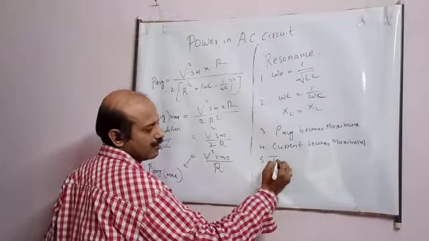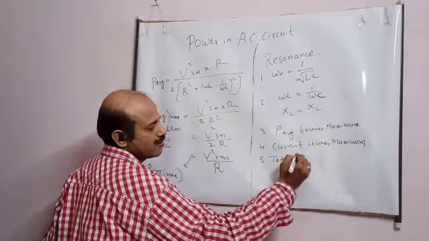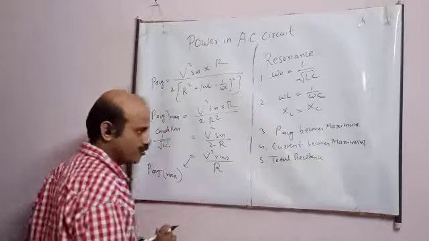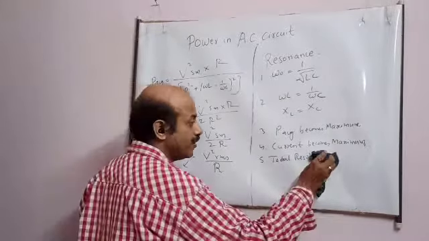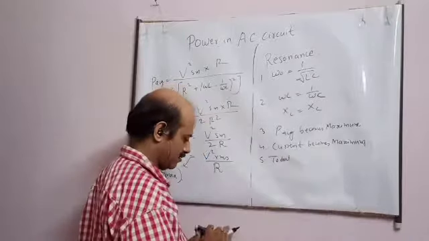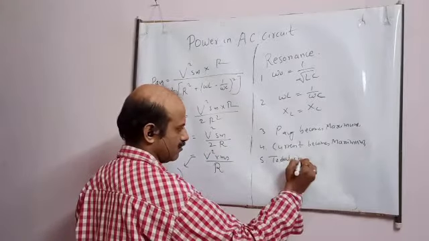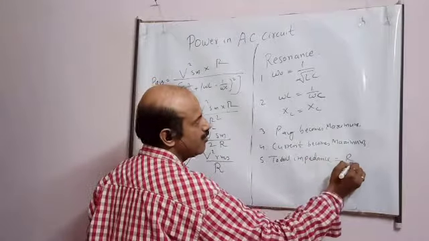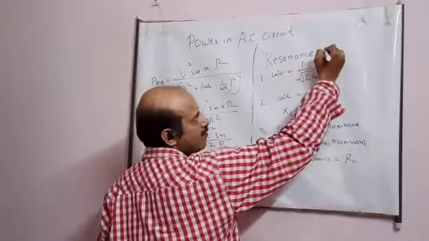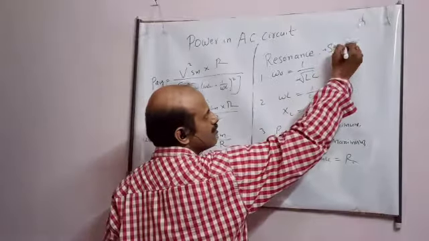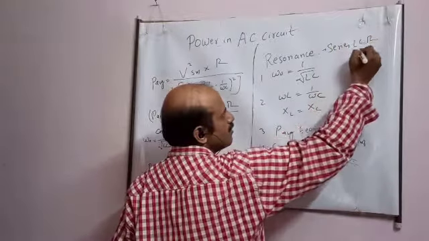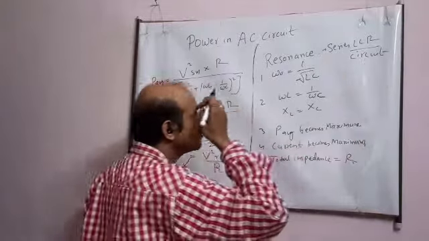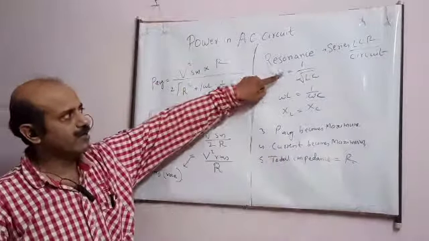And the total resistance, I should not write total resistance, I should write total impedance, becomes equal to R. Remember, we are talking about resonance. This happens in series LCR circuit. At this frequency, it happens, students.